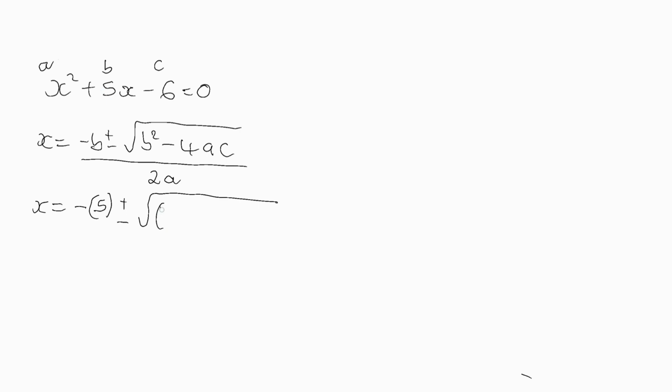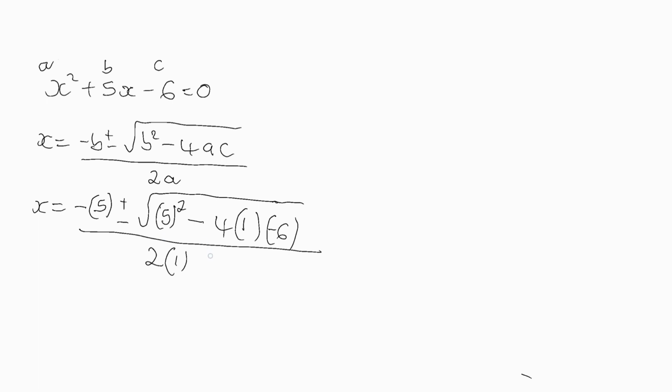B is 5, so it will be 5 squared minus 4a. A is given by the coefficient of the x squared, in this case it is 1. And c is given by the constant, and in this case, it is -6. This is over 2a. A is given by the coefficient of x squared, and that value is 1. So now we have substituted into the quadratic formula.